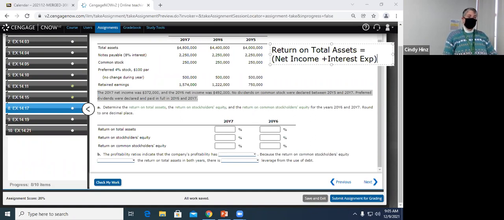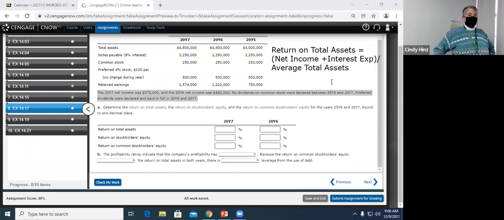So the top part of the formula, the numerator, is net income plus interest expense, and the denominator is average total assets. Just like all of the averages that we've been looking at, we are going to be taking the beginning and ending balance, adding them together, dividing by 2.